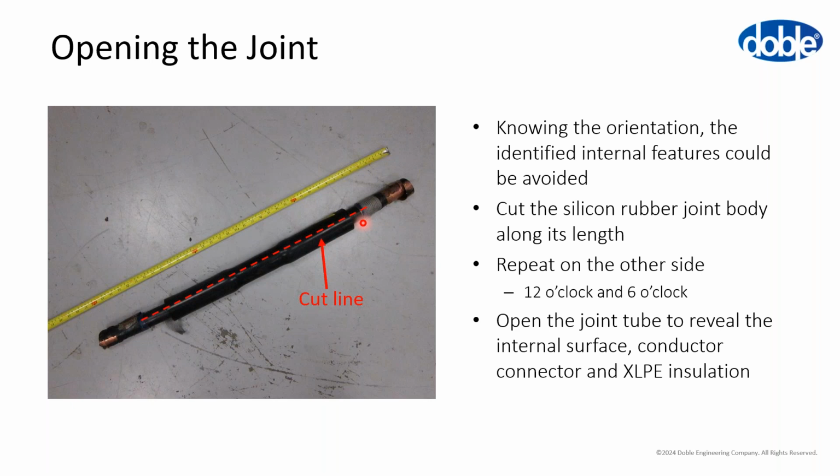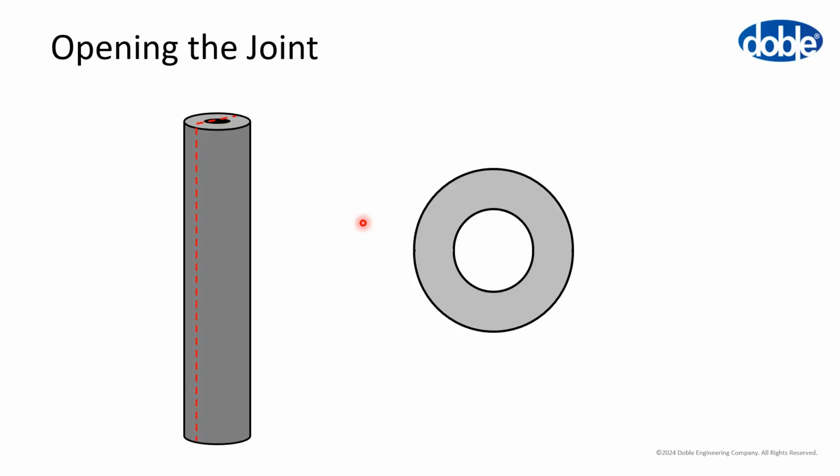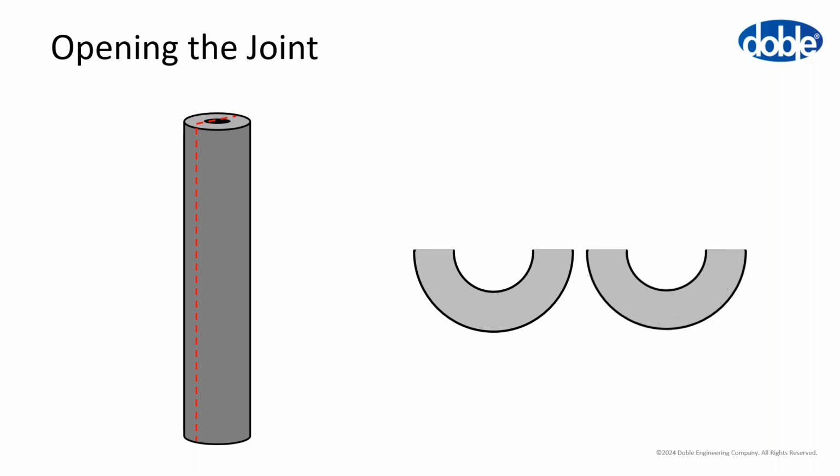But opposite sides of the joint, cut all the way along the length, and then we can open it out to see what's on the inside. So again, we're going to open it up like this. All the images we're going to see in a minute are looking at this inner surface of the joint body.